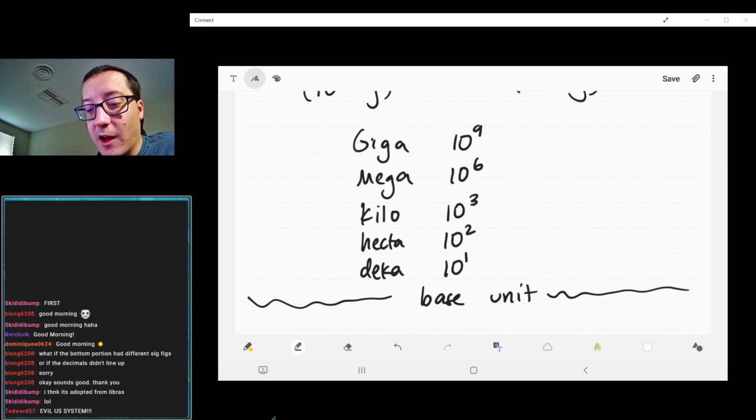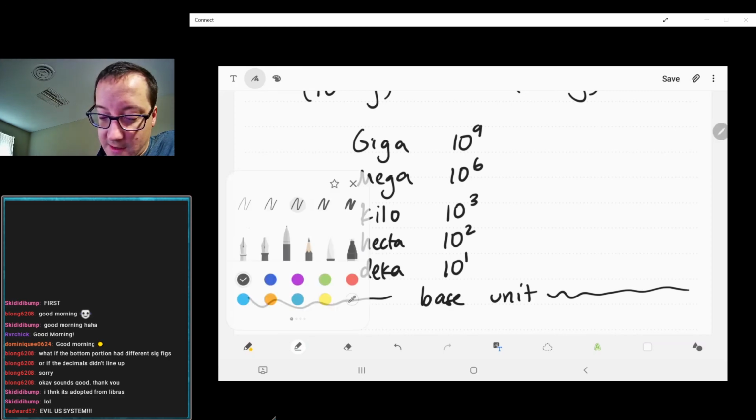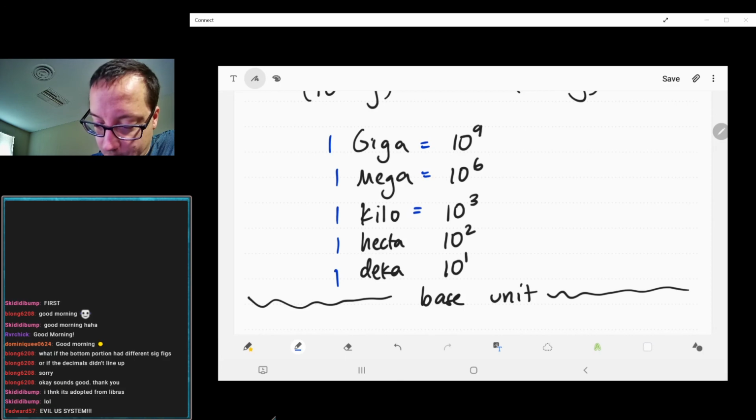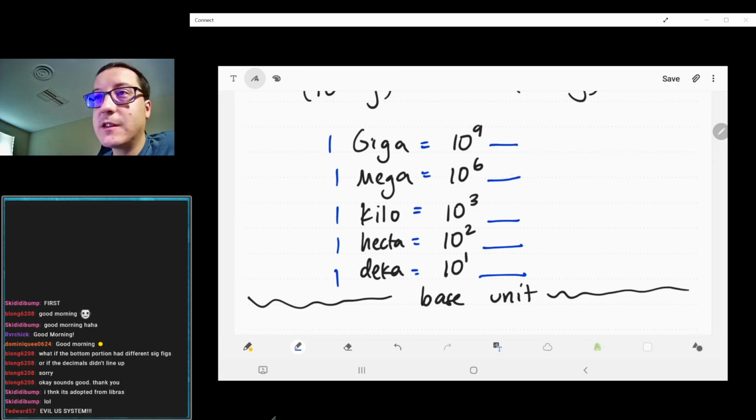We could talk about gigagrams being 10 to the 9th grams, or megagrams being 10 to the 6th grams, for example. It's always going to be your prefix, which will be equal to whatever this exponent is times your base unit.